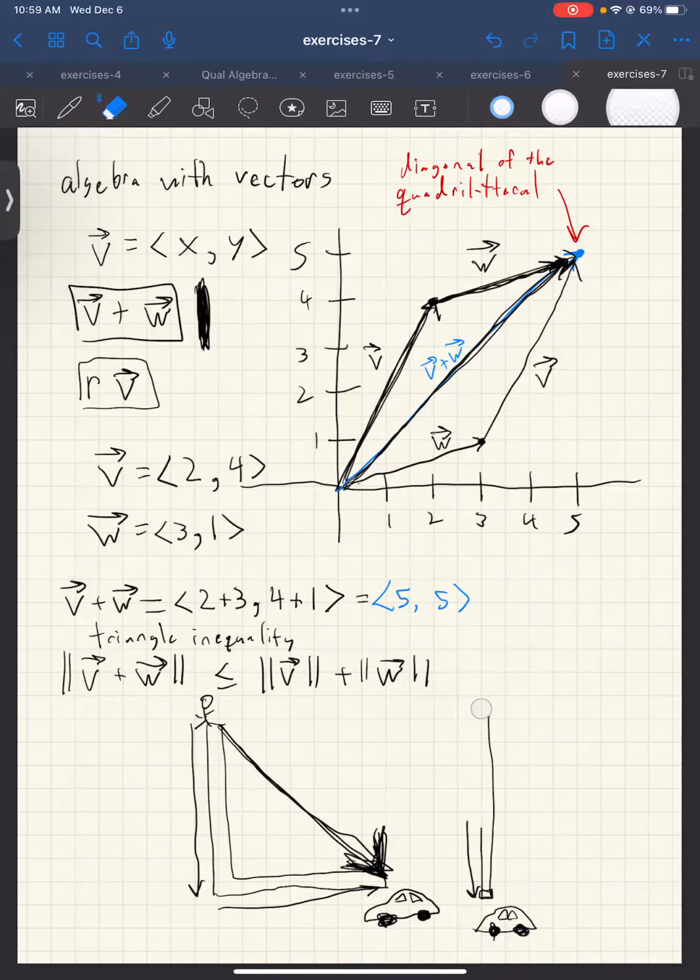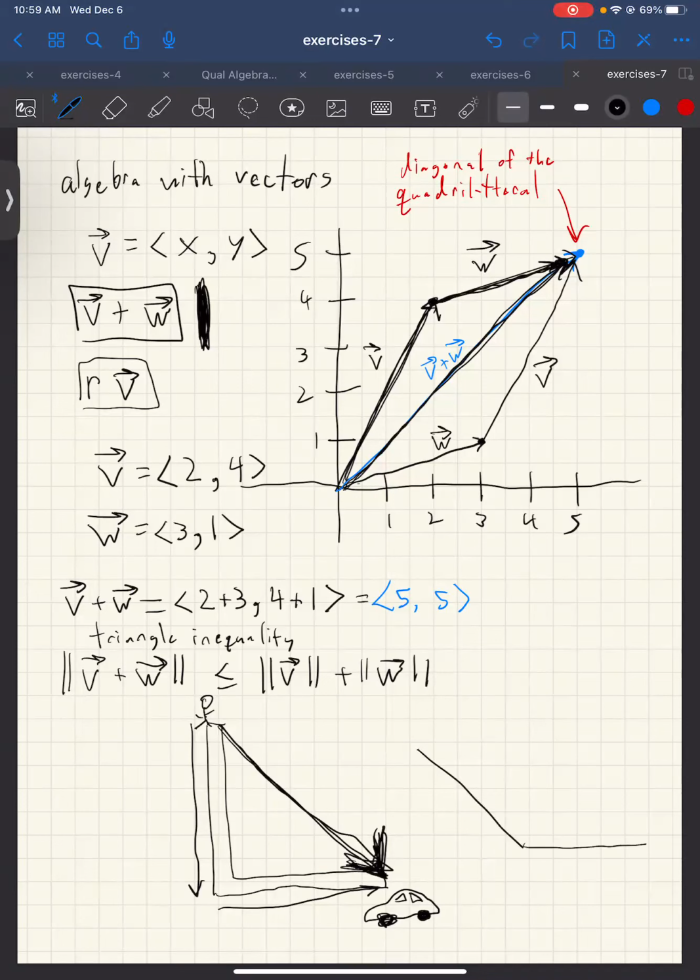Now I drew these as if they were right triangles, but sometimes they're not. So what if the sidewalk was like this and then this? Well, then is it shorter to go straight across or along the sidewalks?